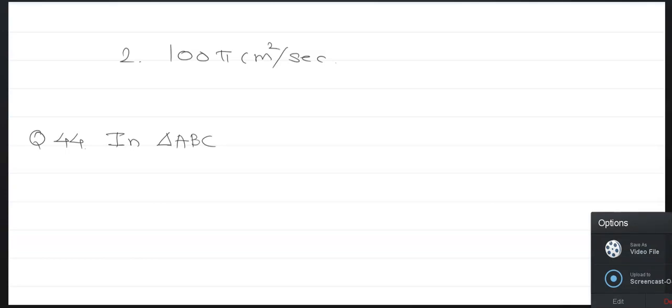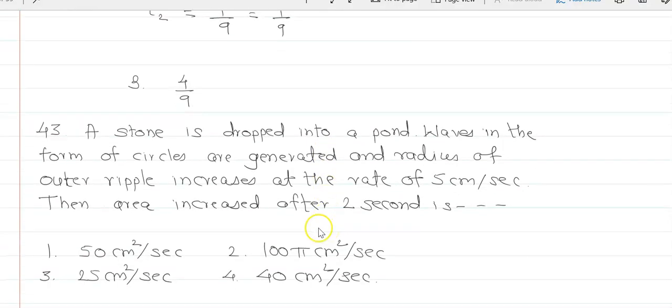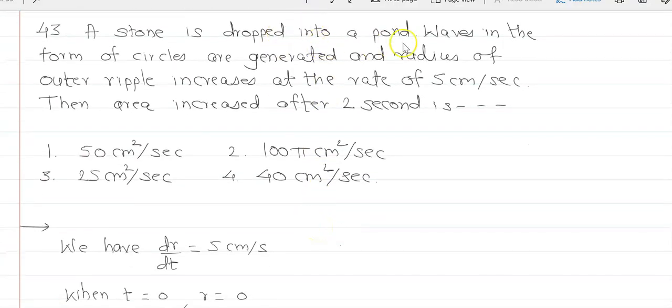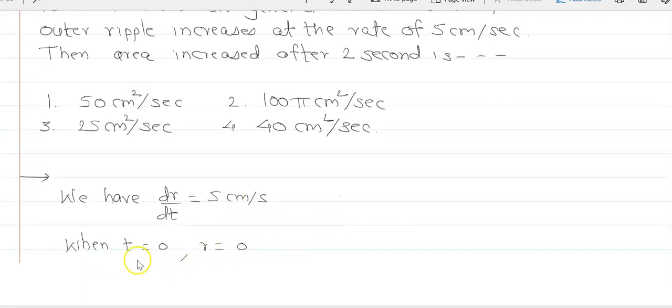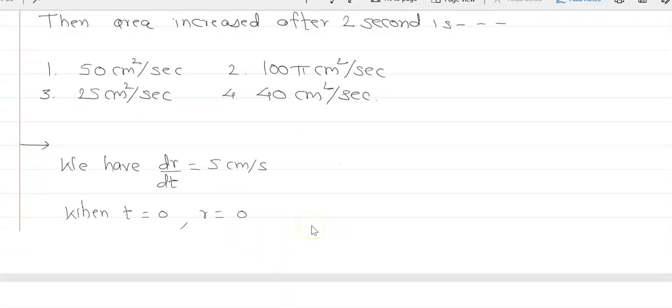Also, you can see here, a stone is dropped into a pond. Waves in the form of circles are generated and the radius of the outer ripple increases at the rate of 5 centimeter per second. The area increases after 2 seconds. We have dr upon dt is 5 centimeter per second. When t is equal to 0, radius is 0.